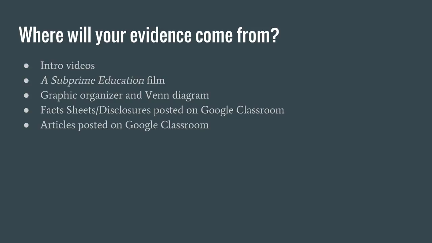And then the last one is I'm going to post several articles on Classroom as well. You're welcome to use them. But if you want to find specific information, you're always welcome to do a quick Google search as long as you find a source or an article that's reliable and reputable.